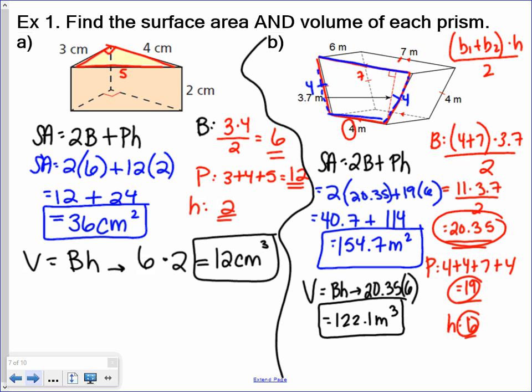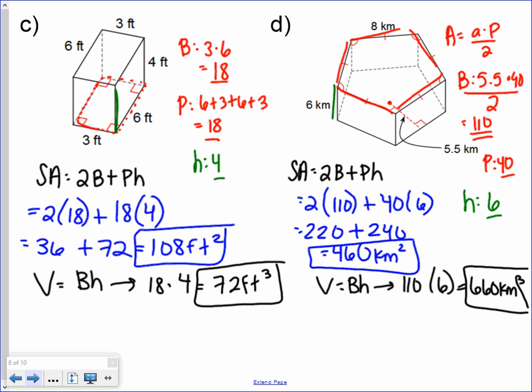And so you can see that your capital B, they were all solved differently. The first one was a triangle, base times height divided by 2. The second one was a trapezoid, base 1 plus base 2 times height divided by 2. Then you had a rectangle, just base times height. Then you had a polygon, apothem times perimeter divided by 2. So those area formulas are going to be really, really important for you to know, because that's what your capital B depends on.